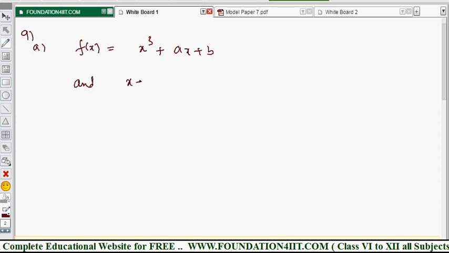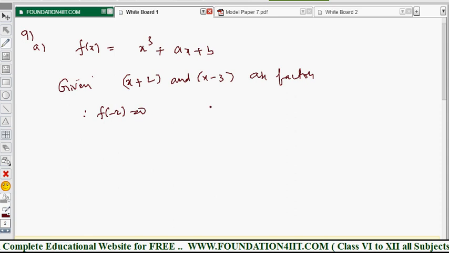Okay, these two are given in the statement. So if they are factors, by the factor theorem, f of minus 2 is equal to 0, and x minus 3 is a factor, so f of 3 is equal to 0.